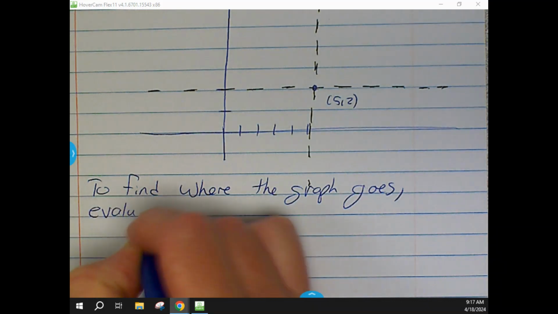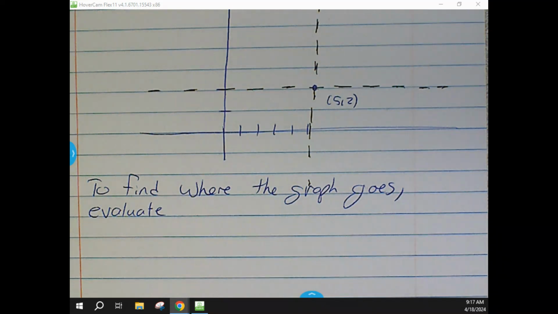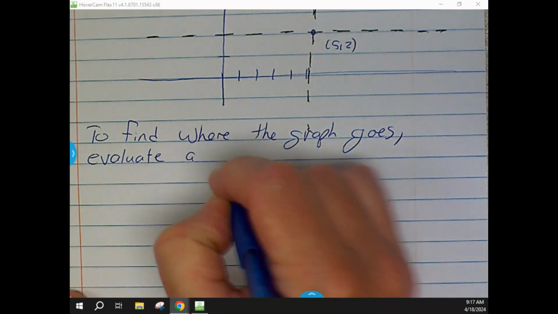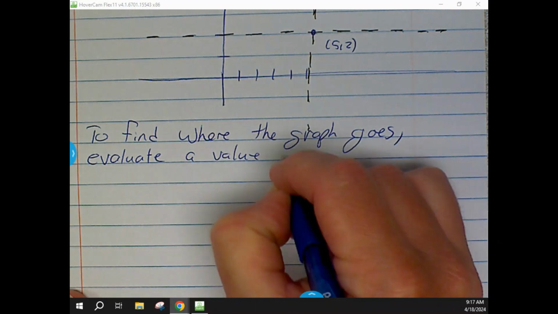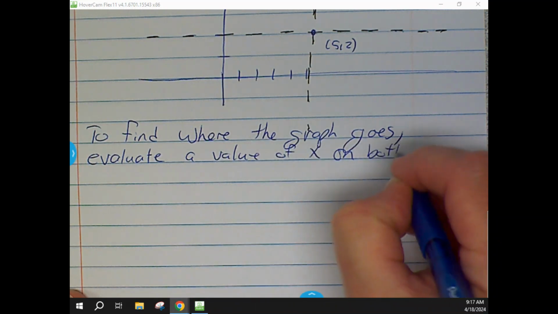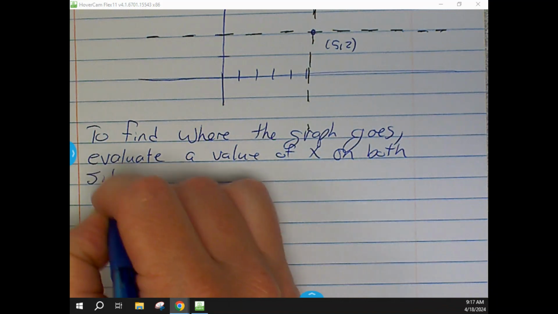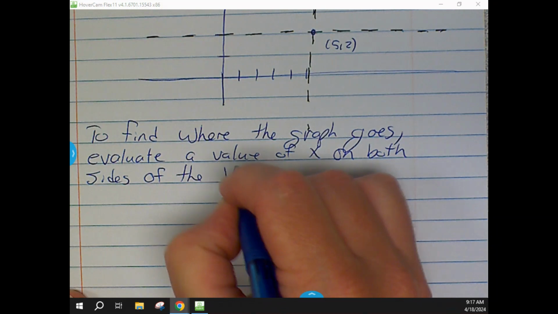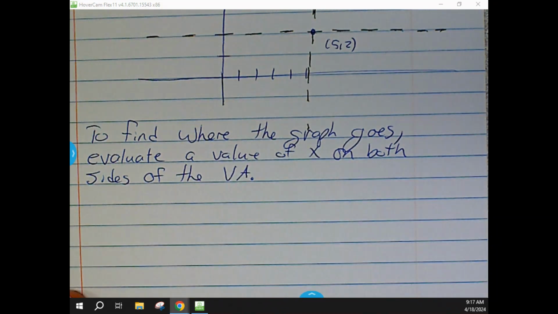Fancy math word is evaluate. That's evaluate, the fancy word for plug in. You know, a value of x on both sides of the vertical asymptote.